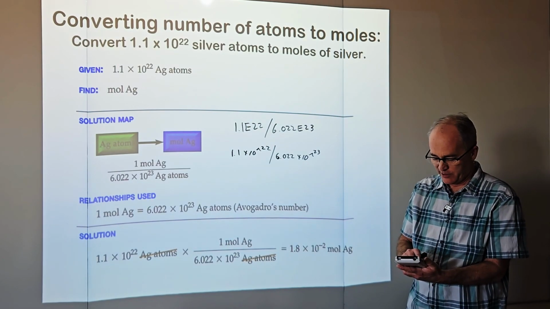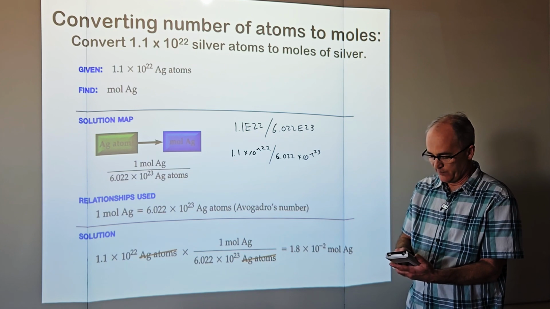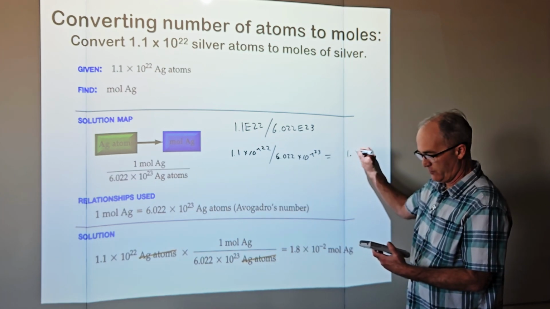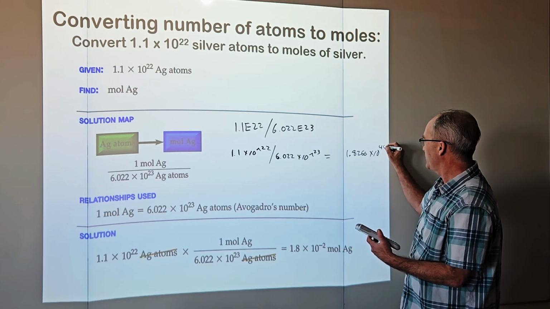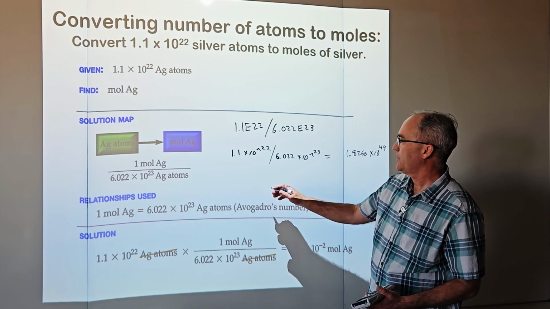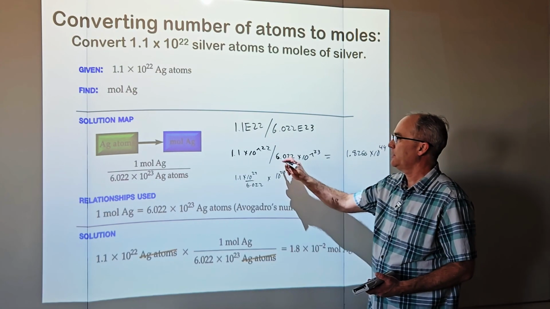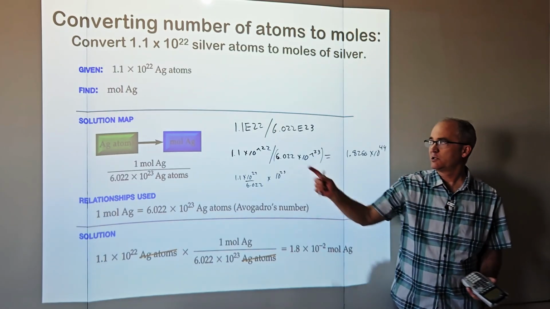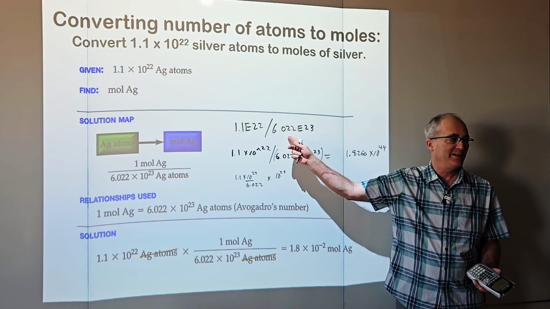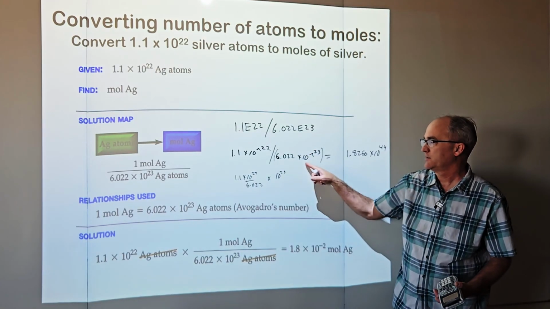If I go 1.1 times 10 caret 22, this gives me 1 point something times 10 to the 44th. So the order of operations does this. So if you want to use your caret, you've got to parenthesize this off. But I suggest you just get used to using the E key and do it like this, because this ties it all together.